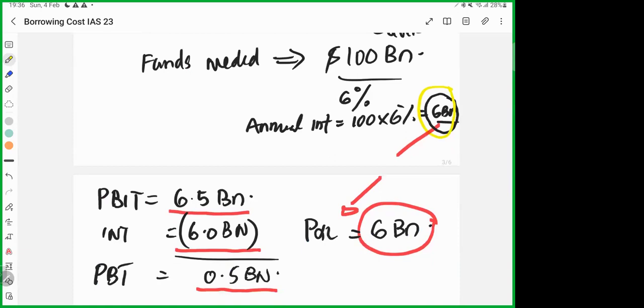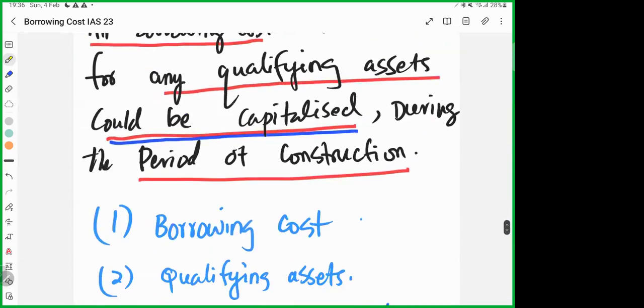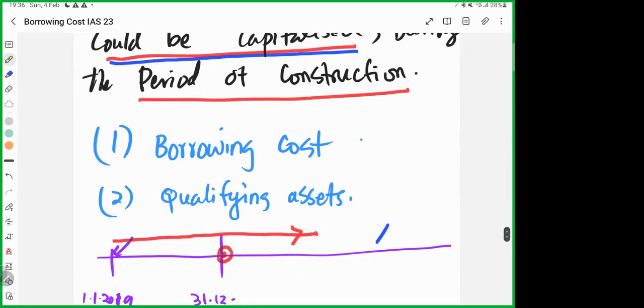So this 6 billion, I should be capitalizing provided it is for the purpose of financing, for the purpose of acquiring or putting up a construction of a qualifying asset.